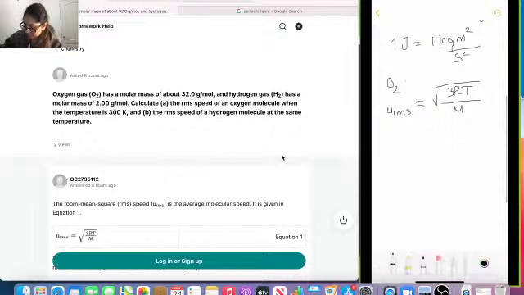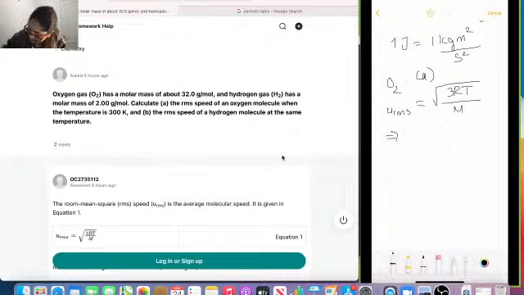We're given that the temperature is 300 Kelvin, and we have the ideal gas constant, so we're just going to plug in the values.